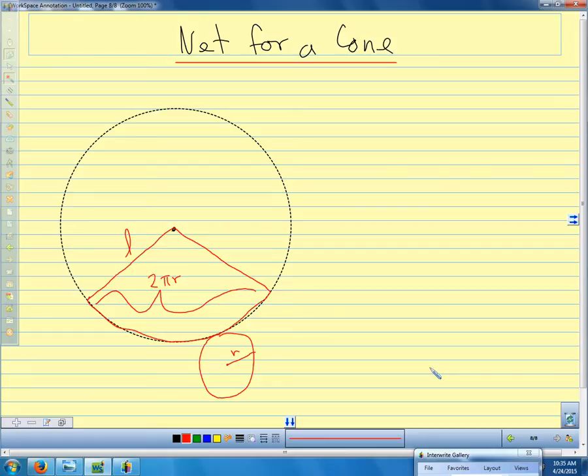Now to come up with the area, we talked about areas of sectors of circles, and we talked about the angles. We can think about this a different way. We could think of this piece that I cut out as kind of a curvy triangle. So the lateral area, the area of this little kind of sort of triangle piece, how do we find the area of a triangle? Base times height divided by 2.